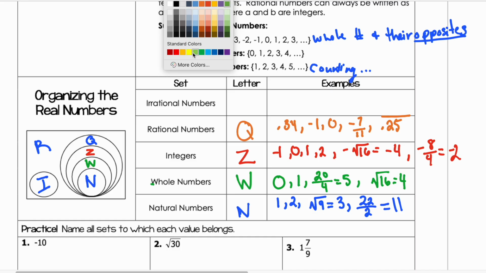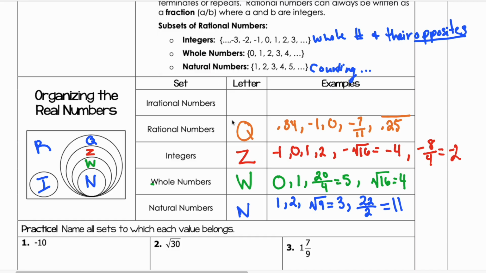Let's use green already. Let's do light blue. So for irrational numbers, we use the symbol I, and an example would be pi. Or we might have the square root of 5. The square root of 5 cannot be simplified to a rational number because there's no perfect square root of 5.